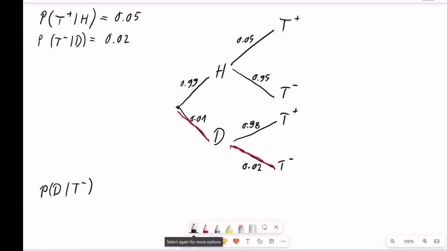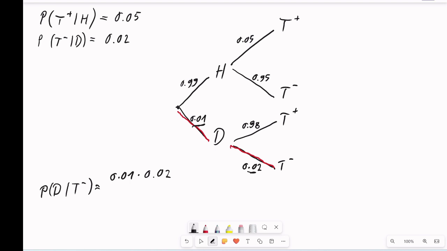So what do we do? We take this here, 0.01, and multiply it by 0.02. We're not quite finished yet. So we calculated the probability of taking this path here, which would be the probability of disease and negative test outcome, which is called a joint probability.